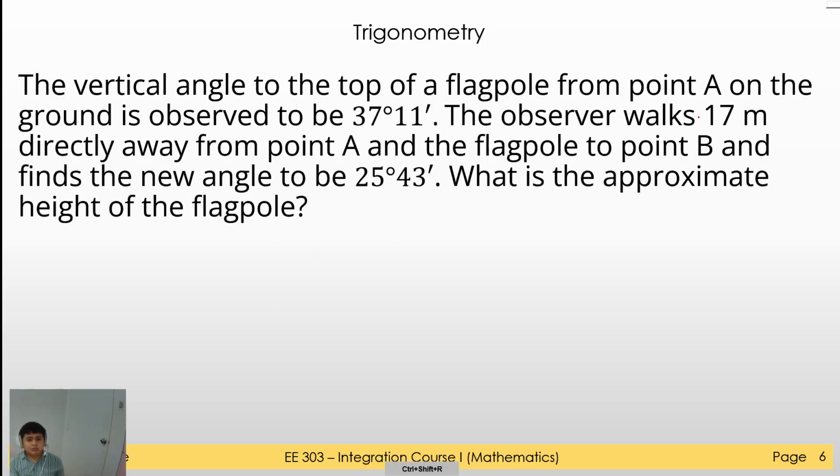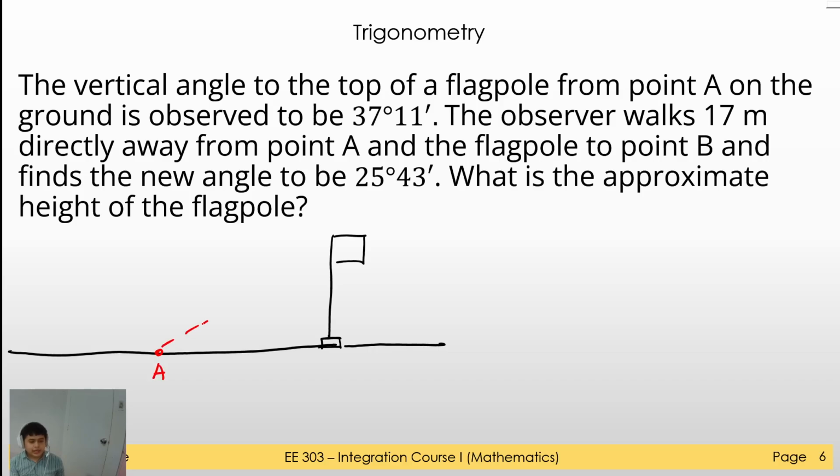So let's visualize the problem. Let's say we have a flagpole, and from point A it is observed at 37 degrees, so we have an angle of elevation of 37 degrees. This is the flagpole, and we have the horizon on the ground, and this is point A. From point A, looking at the top of the flagpole, the angle will be 37 degrees and 11 minutes.